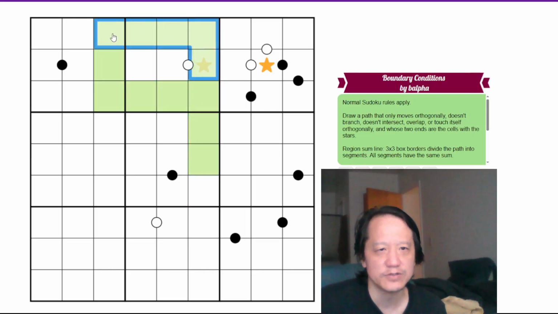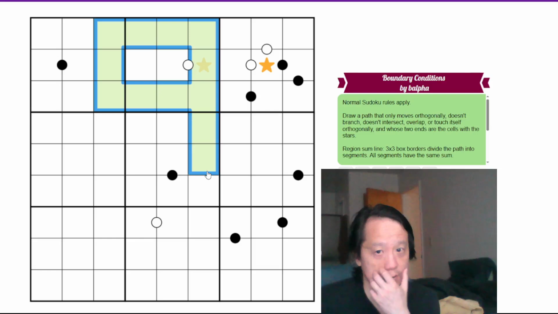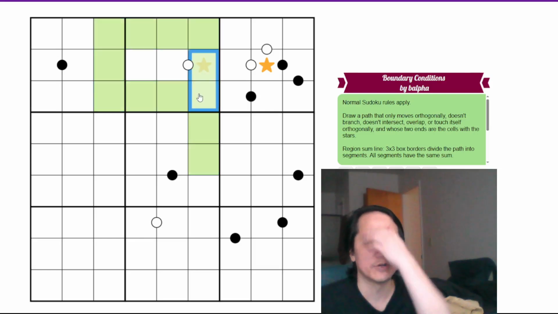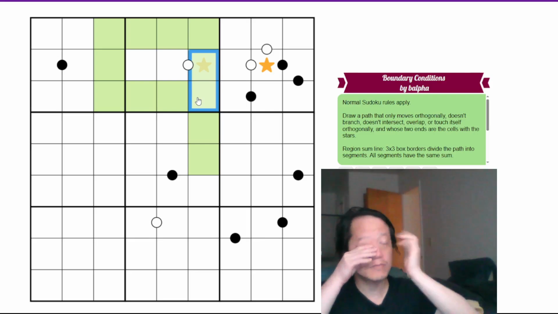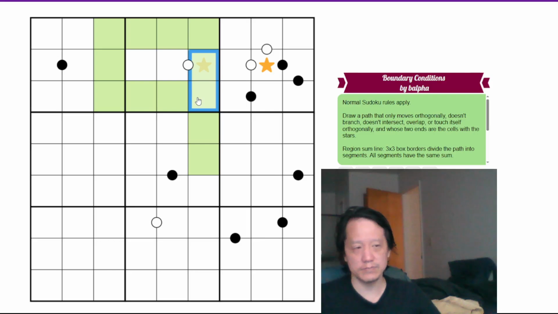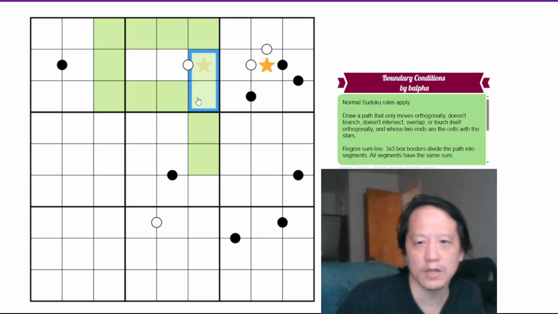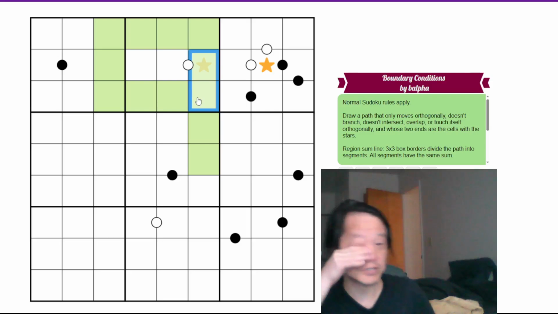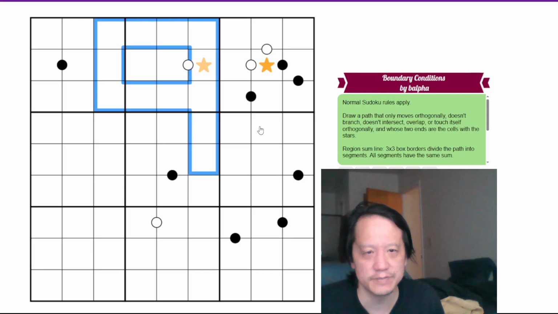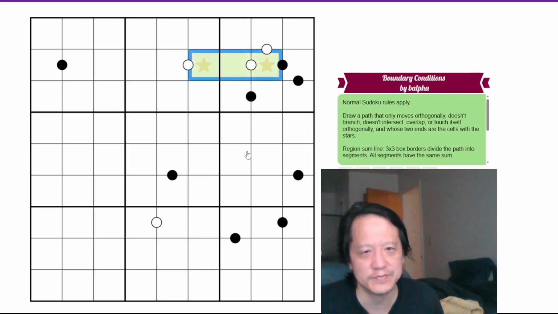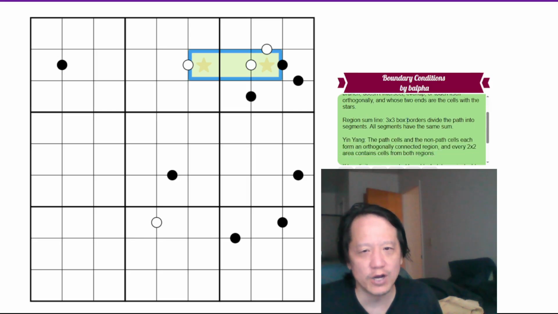Because that would be considered touching itself orthogonally, which means that you share an edge. And whose two ends are the cells with the stars. So it must go from this cell to this cell. So technically, this could be a path. That would be valid.